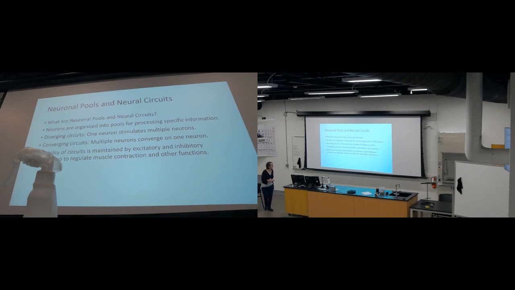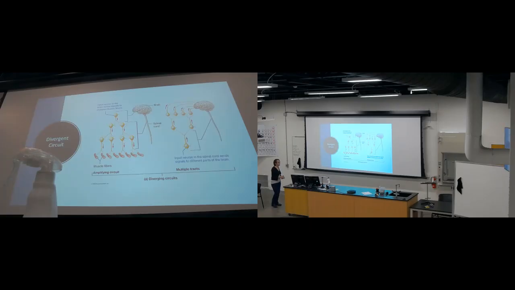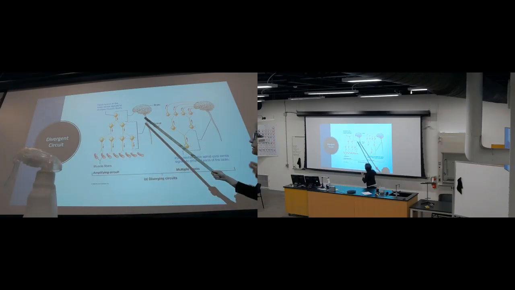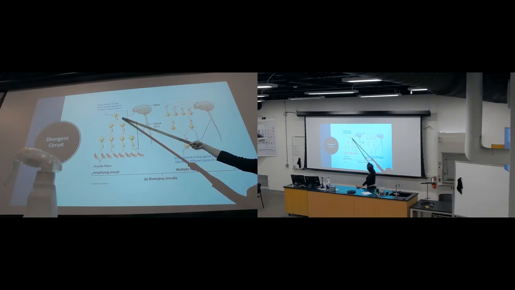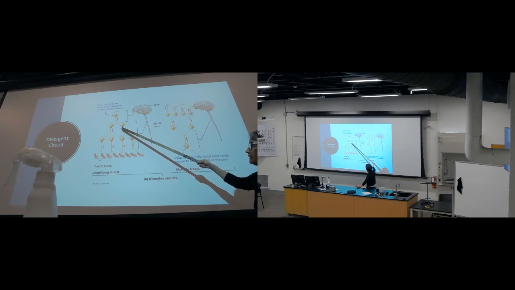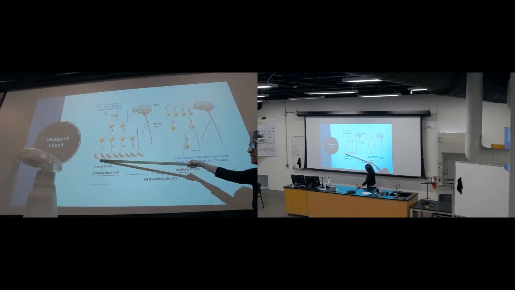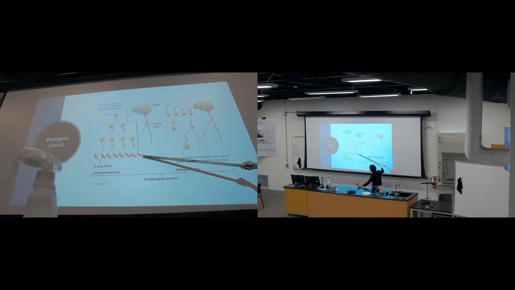And then we have within these circuits excitatory and inhibitory functions that regulate contraction of the muscles and other functions. Something that can happen, for instance here in the brain, is that we can have a single neuron that can start sending information gradually into more neurons so that you can amplify the recruitment of, in this case, muscle fibers.